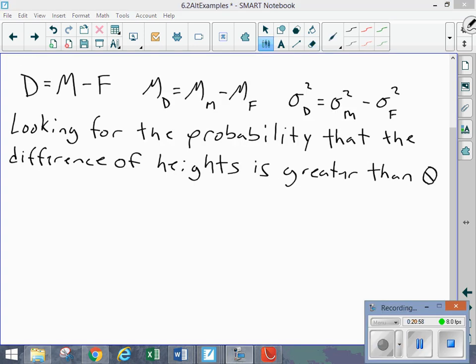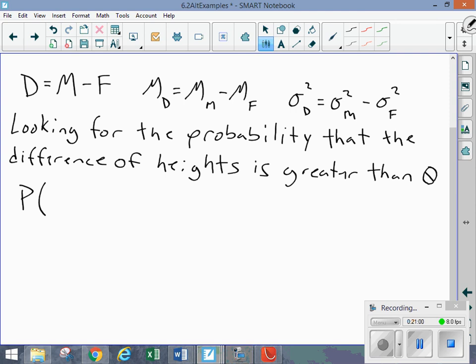In other words, I think we're looking for the probability that our random variable D is greater than 0. That's a much better way to say it. All right, so let's get the work done.